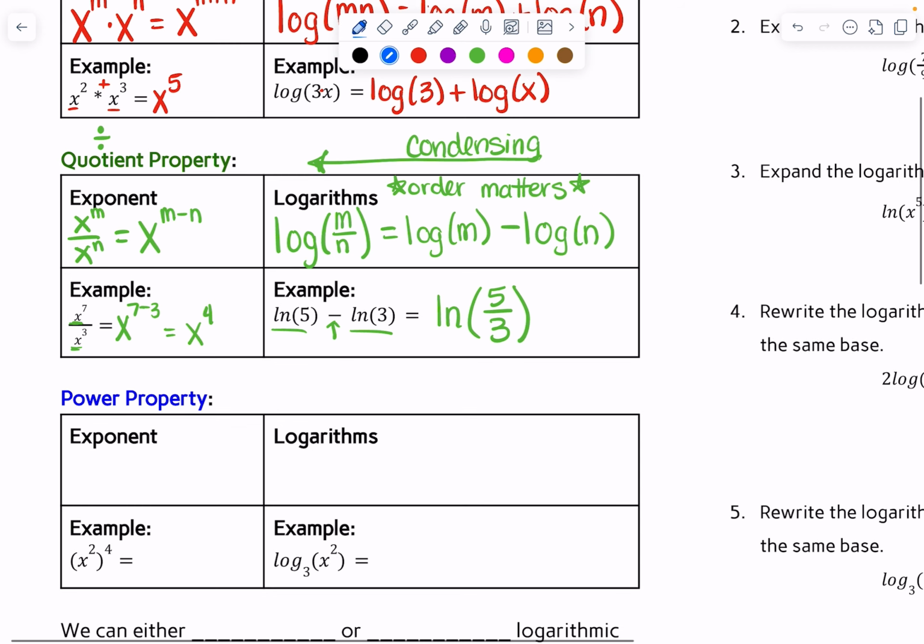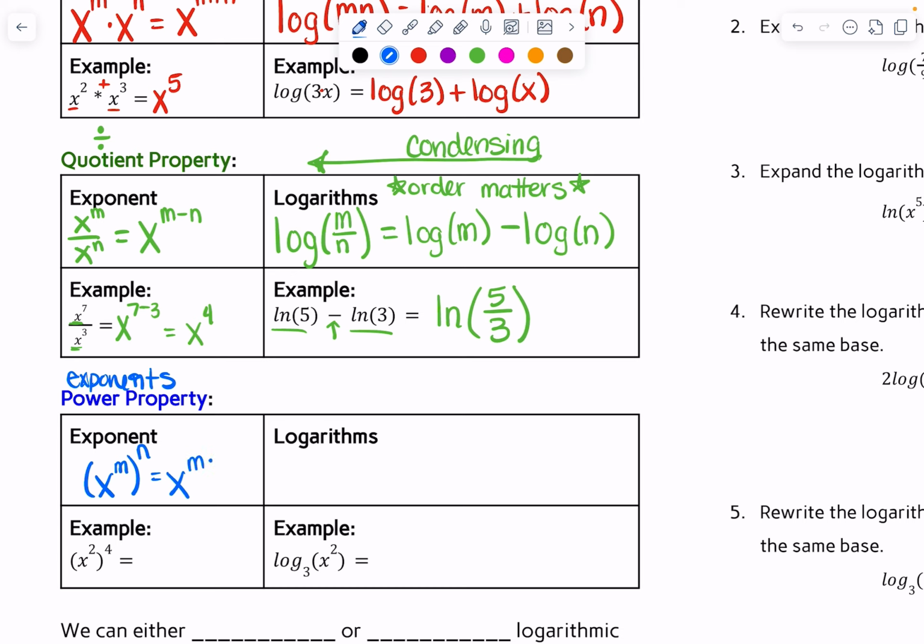That is our power property. And when we're thinking of our power property, we are thinking of exponents. So for our exponent property, if we have x to the m to the nth power, we are going to multiply the exponent.